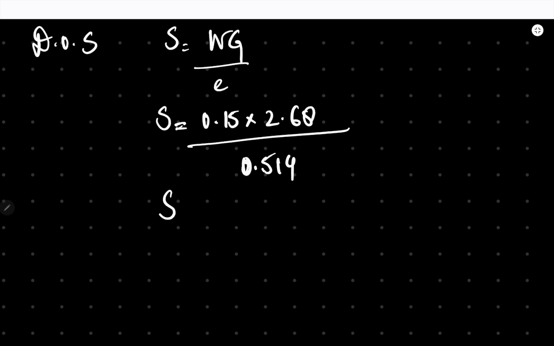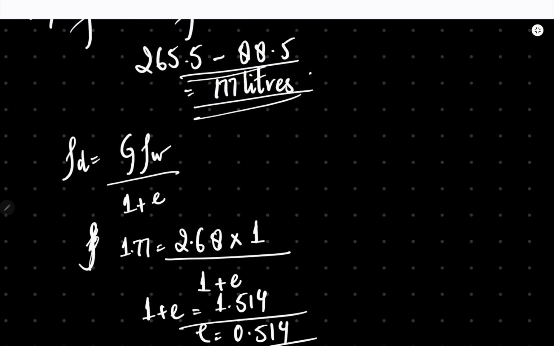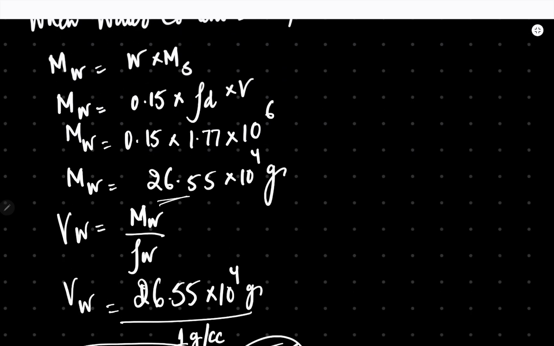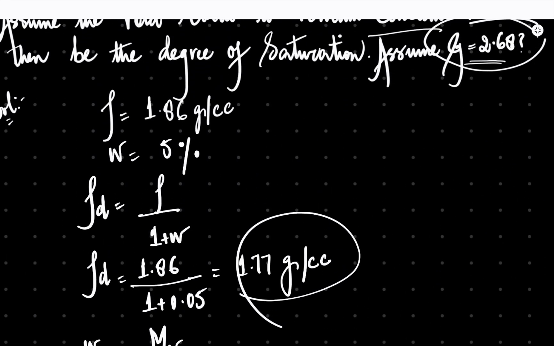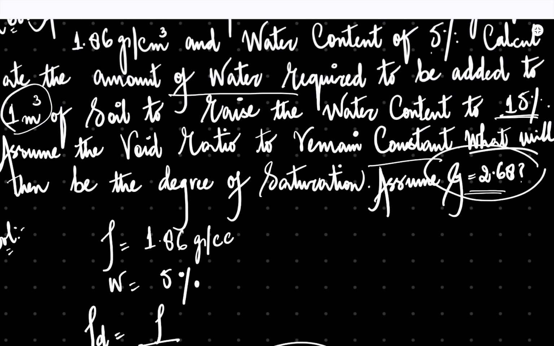So this question has the answer for degree of saturation as 78.2%. Alright, so with this we have completed this question in all respects. Let's move to the next one.